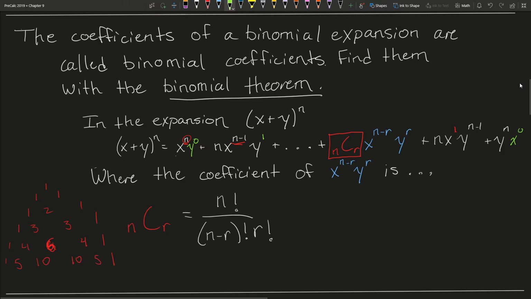say we wanted this term, right? So if this is the 0 term, this is the first term, this is the second term. So we're trying to find the third term within this expansion.